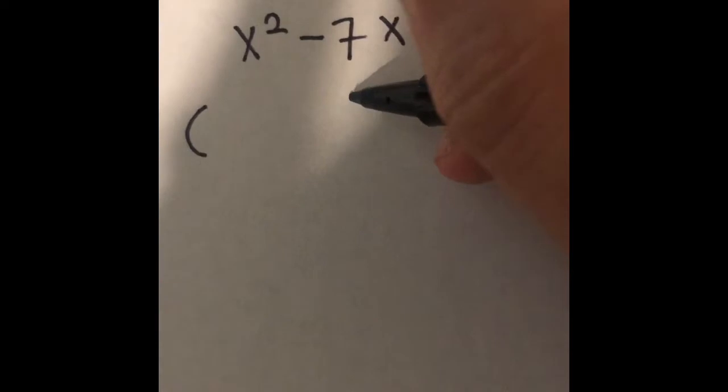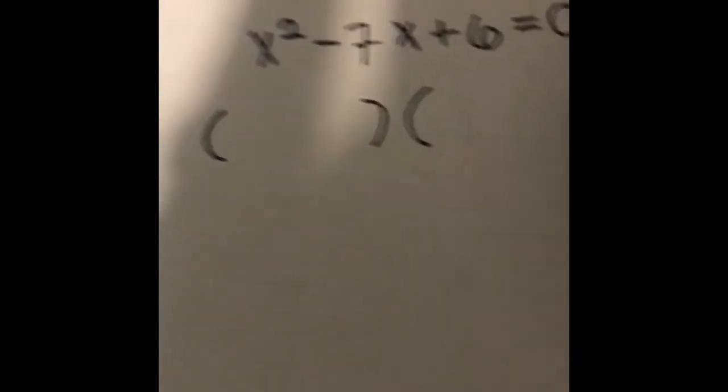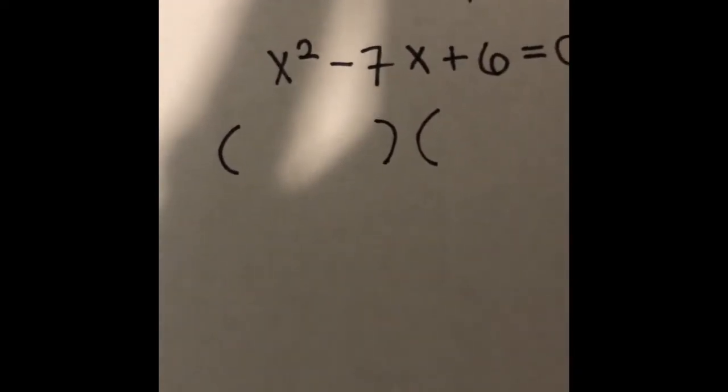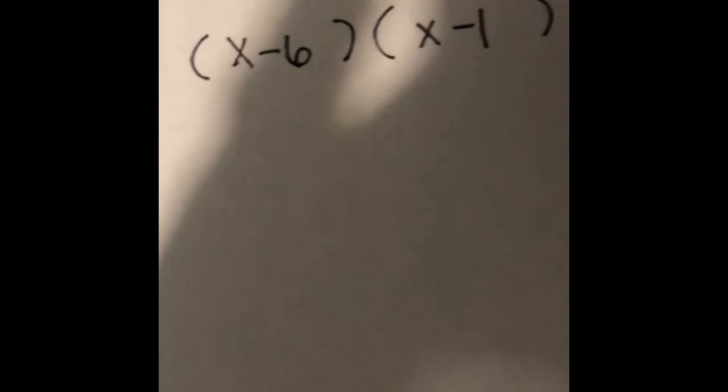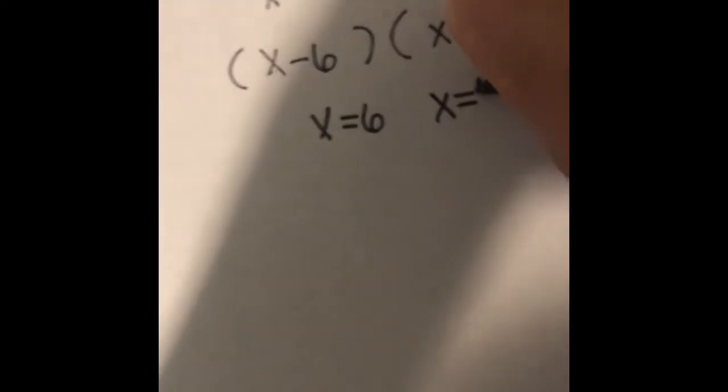I prefer factoring. So we need two numbers that multiply to 6, but add to -7, and that would be -6 and -1. And so we can use the zero product property to know that these answers would be 6 and 1.